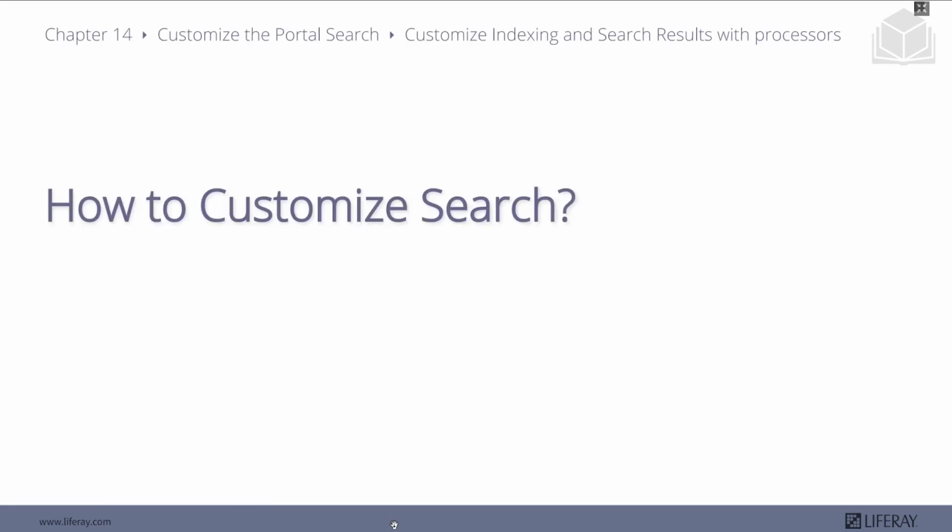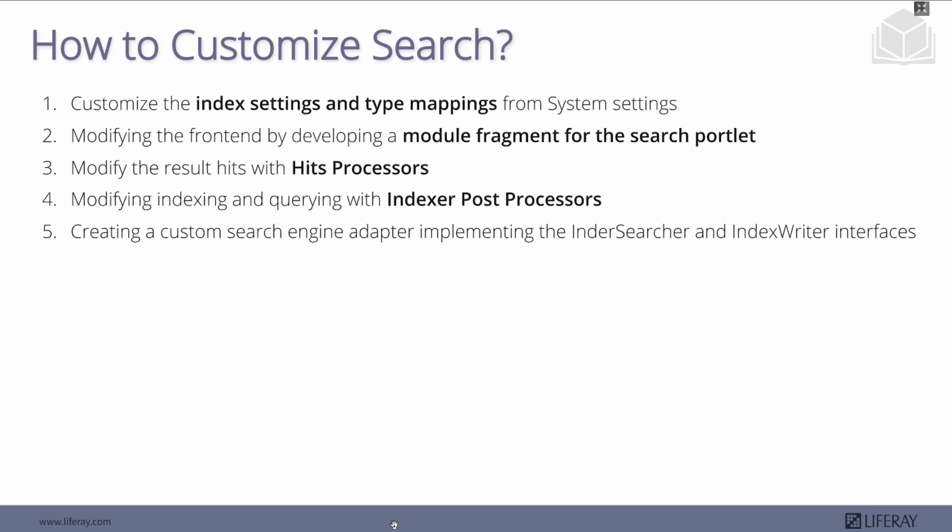So with all that, how do we customize the process behind the scenes? We are able to customize the index settings and type mapping within system settings of the Liferay control panel. We can modify the front end and change the way our search portlet works, as well as how it looks. We can modify the hits behind the scenes with a hits processor.